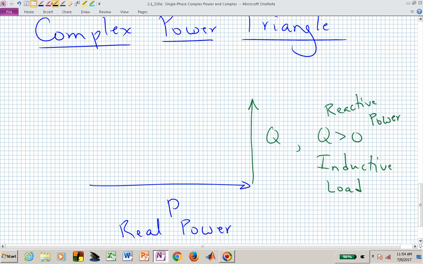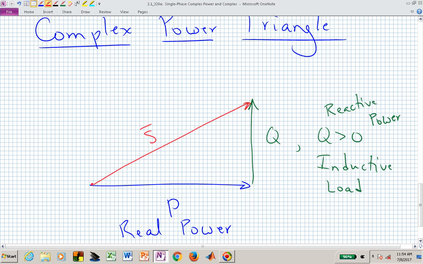If we go from the beginning to the end, walking the real part horizontally and the reactive part vertically, we could have made it to the end the same way by simply going along this hypotenuse.